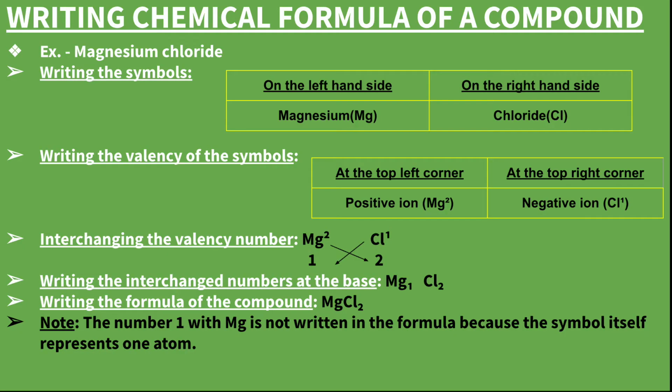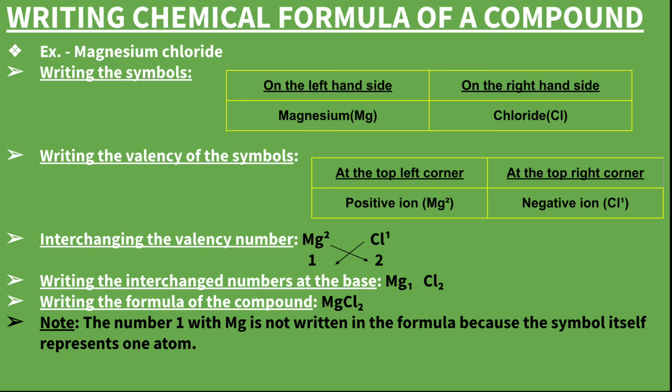Next, for example, magnesium chloride. We first write the symbols. On the left-hand side is the metallic symbol, and on the right-hand side the non-metallic symbol. So first is magnesium, Mg, and chlorine, Cl.